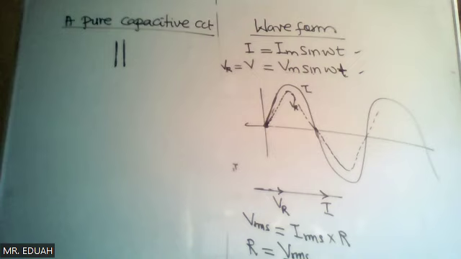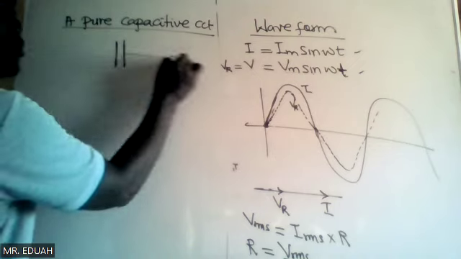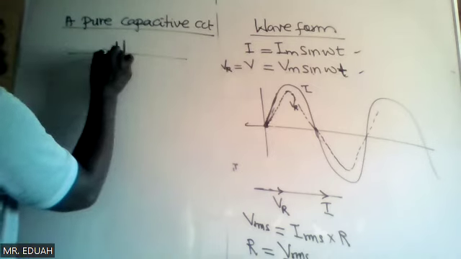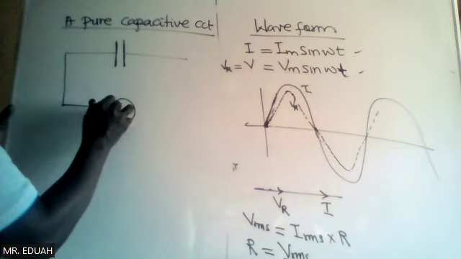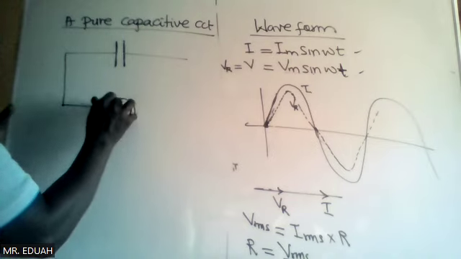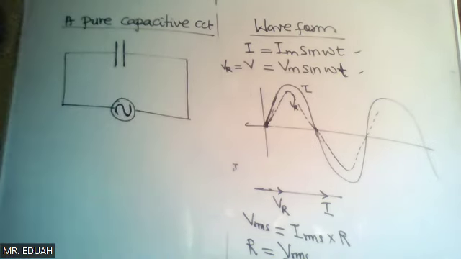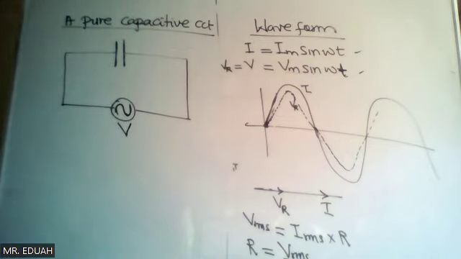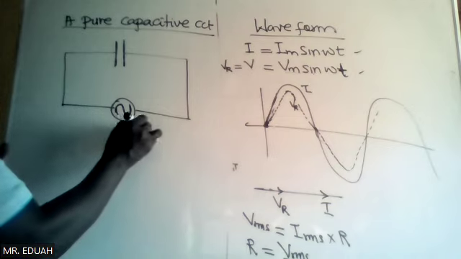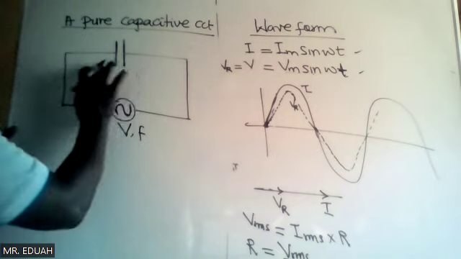So for a purely capacitive circuit, we have a capacitor connected to AC. So this is the source voltage V. Sometimes there is an indication of the frequency. Then this is the capacitor.